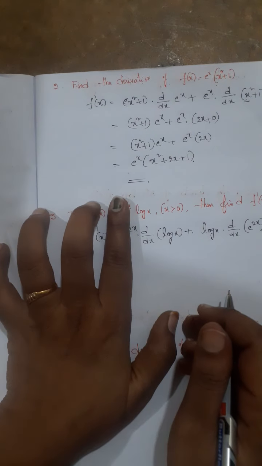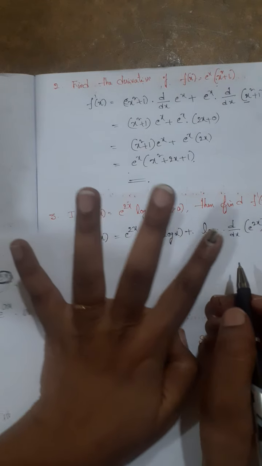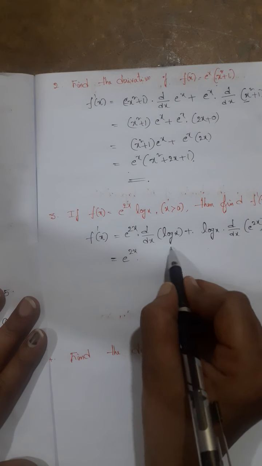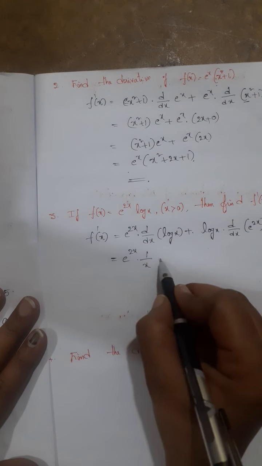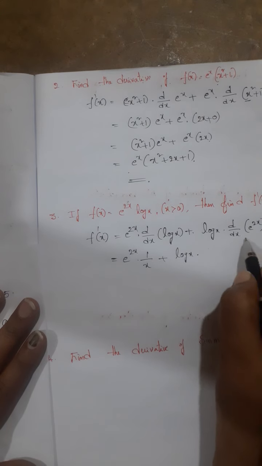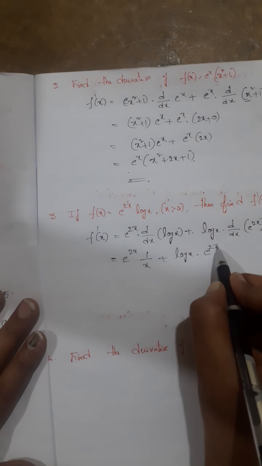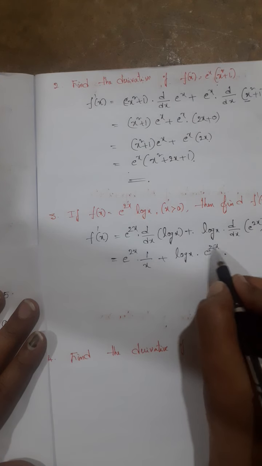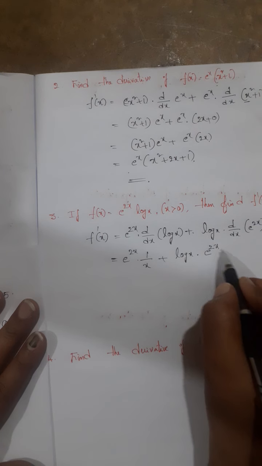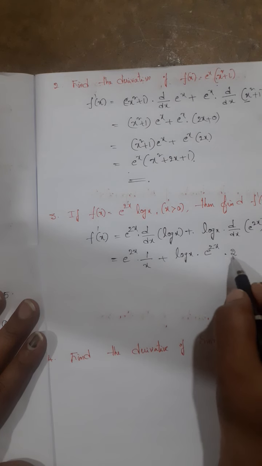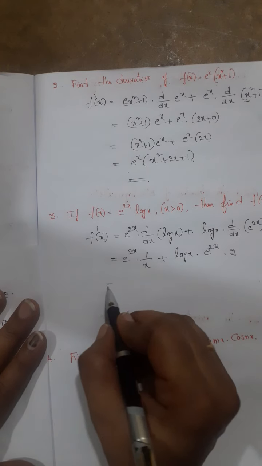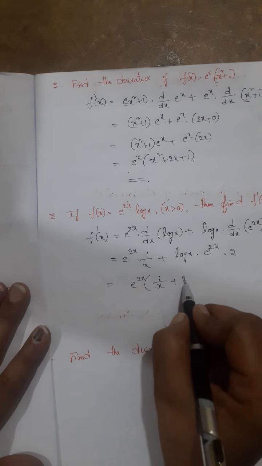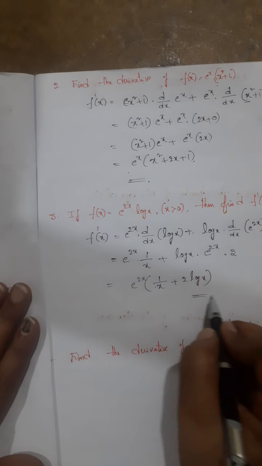See, I am leaving u as it is and differentiating v, then leaving v as it is and differentiating u, which is equals to e to the power of 2x into, what is the differentiation of log x? 1 by x, plus log x into e to the power of 2x differentiation is e to the power of 2x into, again it is a function of x, so we have to do the differentiation with respect to x for this function 2x, that is 2. This is called chain rule. So e to the power of 2x I can write outside. Then what will be your answer? e to the power of 2x into (1 by x plus 2 log x) is your answer.